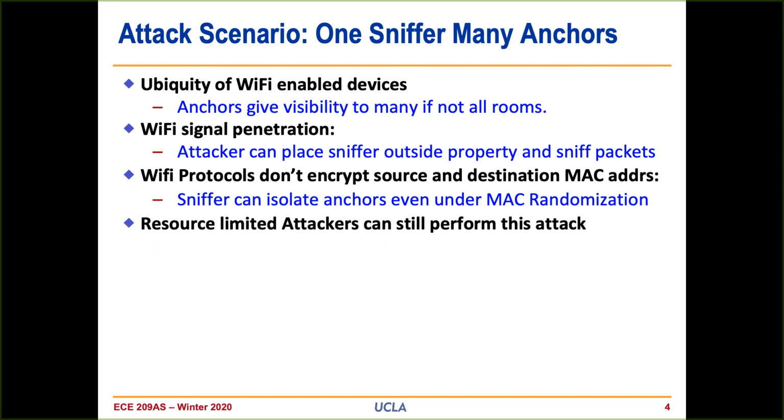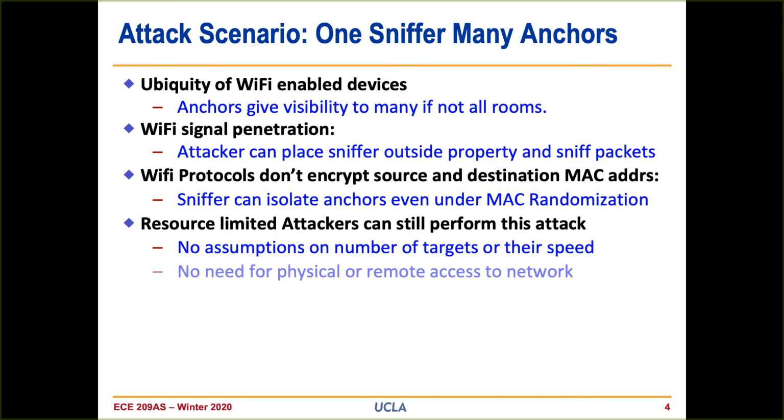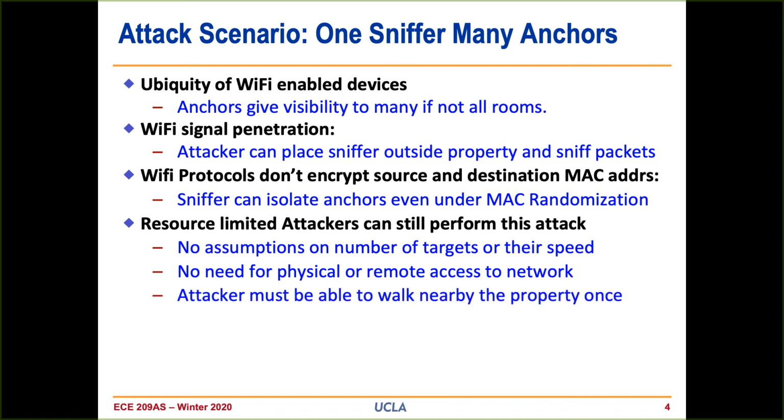So resource-limited attackers are still able to perform this attack. You can perform this attack with no assumptions made on the number of targets or their speed throughout the house. You don't need any physical or remote access to the network. You just need something that can run Wireshark or sniff packets, and then store the device outside of the house or office. The attacker only needs to walk by the property once to set the initial bootstrapping for the device that's going to be sniffing these packets.